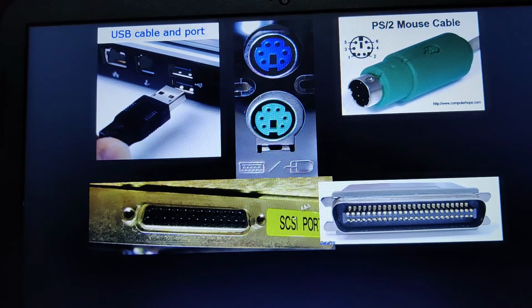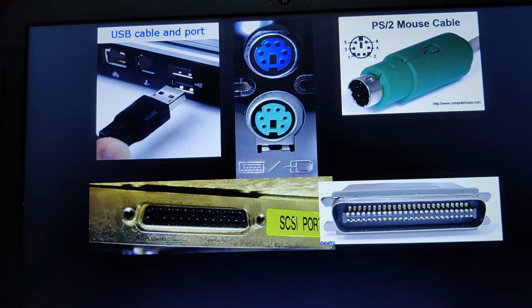Usually these SCSI ports are very fast in data transfer rate compared to all other ports, and they come with 25 pin or 50 pin connectors. They are expensive because they are very fast in data transfer rate, so SCSI ports are very expensive compared to any other ports.